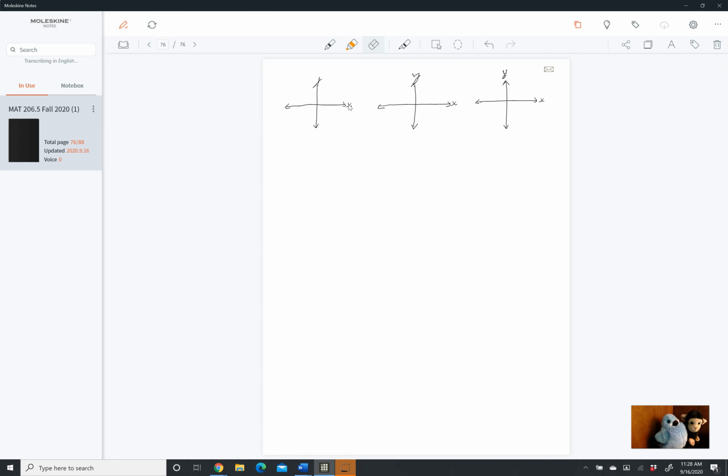Sorry about that Y. It's not coming out on the paper. Okay, but these are the Y's. It's the Y-axis. Okay, so here are the three different possibilities. The first possibility is we have a parabola that crosses the x-axis twice. These would be the roots. So notice it's the x-intercept.